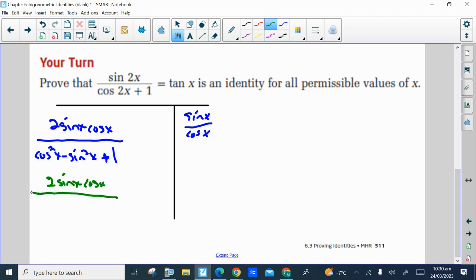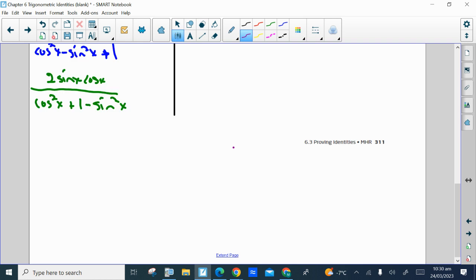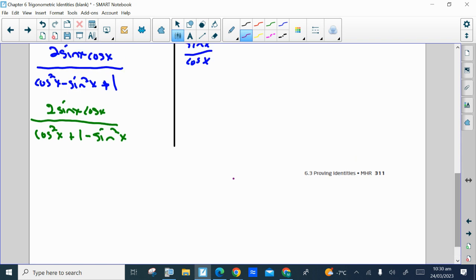And so the reason this one works, on the bottom, I'm just going to rearrange those last two terms. So I've got positive cos squared x, and then I'm going to put the plus 1 and then the minus sine squared x last. Because what does 1 minus sine squared x equal? What does 1 minus sine squared x equal? Cos squared x, from that Pythagorean identity.